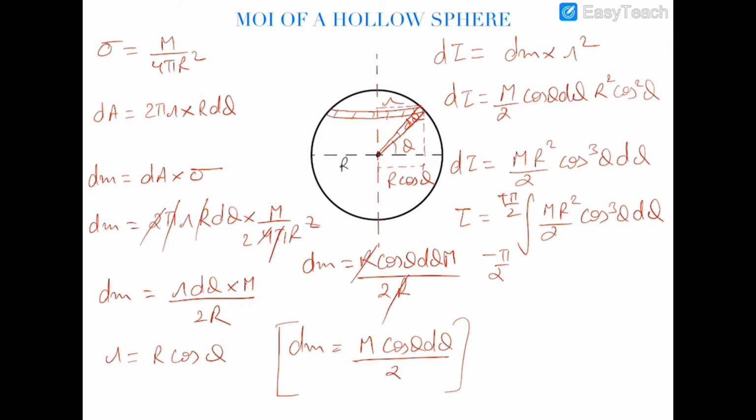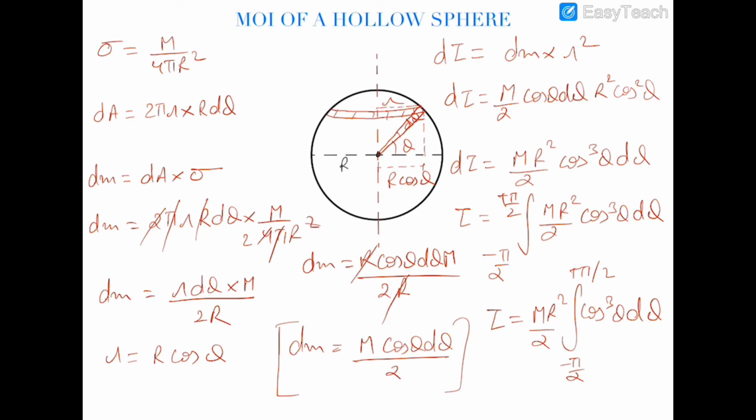You can see that the ring which is on the lowest part of the sphere would be at this point, and at this point this angle theta would be minus pi by 2, and at the topmost point this angle would be plus pi by 2. So this I would be m r square by 2, this is cos cube theta d theta, and the limit would be minus pi by 2 to plus pi by 2.